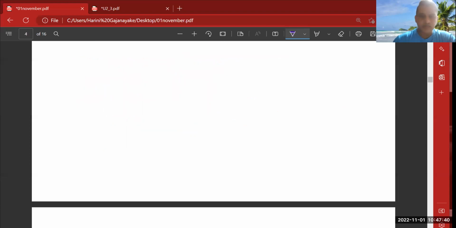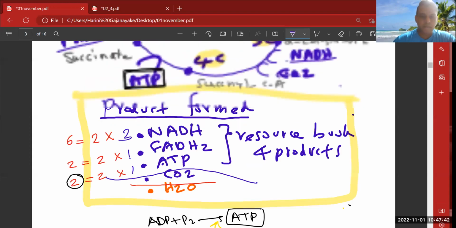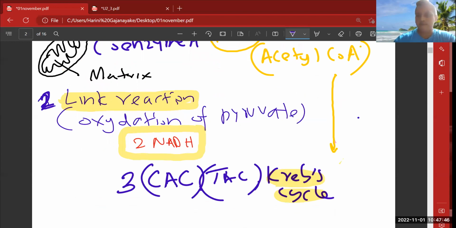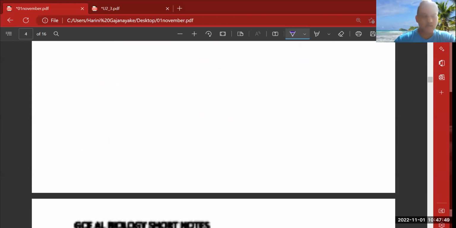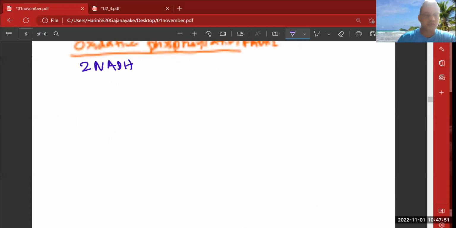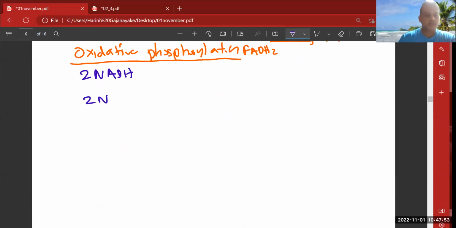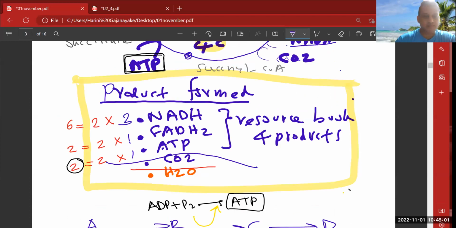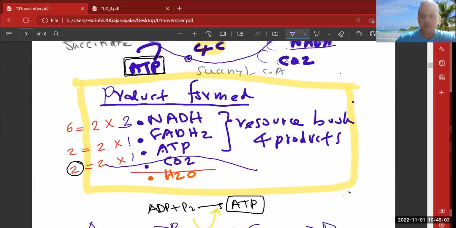Link reaction, 2 NADH. Krebs cycle, 6 NADH.